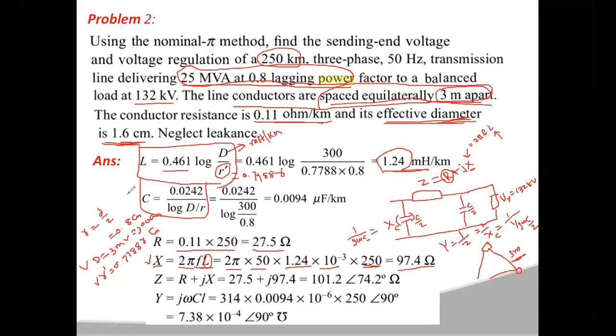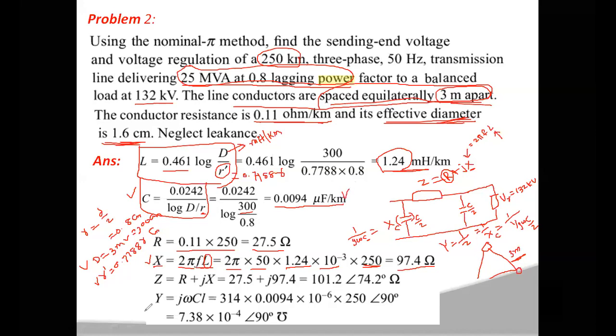When you calculate the capacitance value using this formula, you get the value only for 1 kilometer, so you have to multiply that value with 250 to get the total capacitance. Here D is 3 meters, which can be written as 300 centimeters, and r is the radius, which is d by 2, that is 0.8. Substituting all the values, you get 0.0094 microfarads per kilometer. This is the capacitance per 1 kilometer.